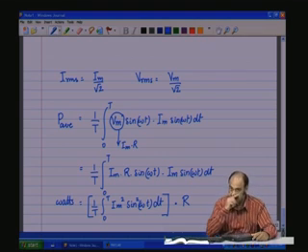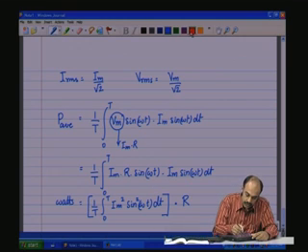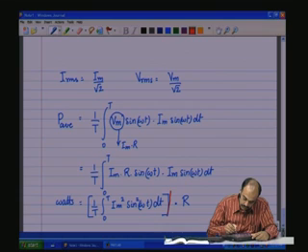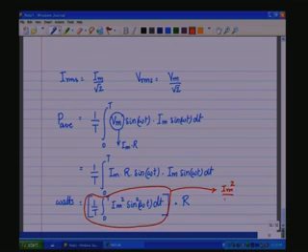In the case of the sinusoidal wave shapes, you see from here R can be taken out, it is a constant, and then you have 1 by T integral. Now, this portion we saw was equal to Im square by 2. So, this is I RMS square.